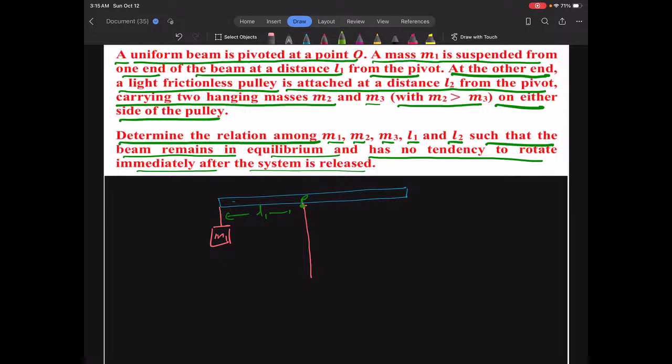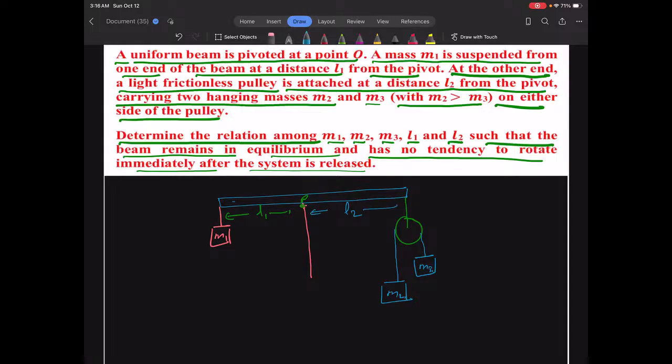And at the other end, a frictionless pulley is attached, and to this frictionless pulley we have hung the masses m2 and m3. It is said that m2 is greater than m3, so let us suppose this is our m2, and at the other end it will be our m3. The distance of the pulley is L2 from the pivot point.